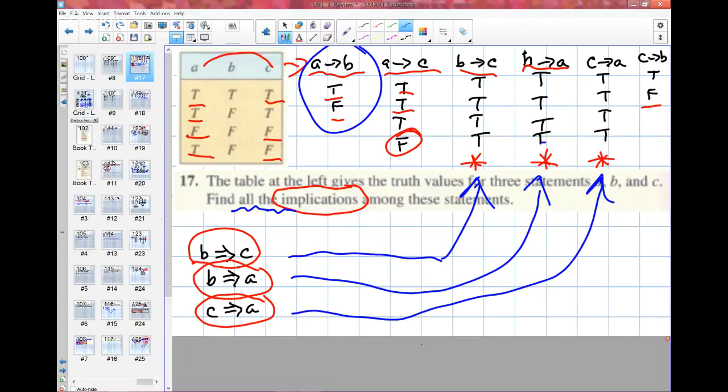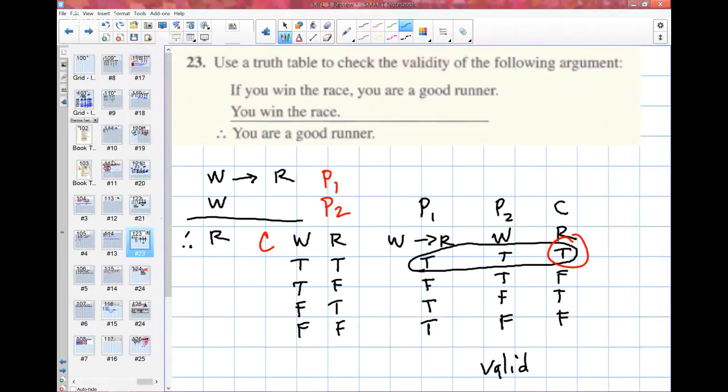23. So 23 is use a truth table to check the validity of the following argument. If you win the race, you are a good runner. Second premise, you win the race. Conclusion, you are a good runner.